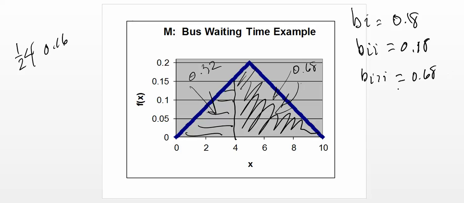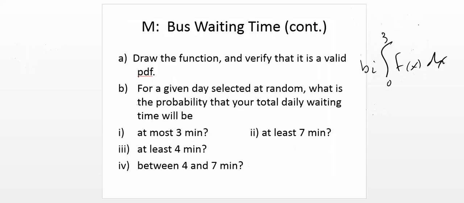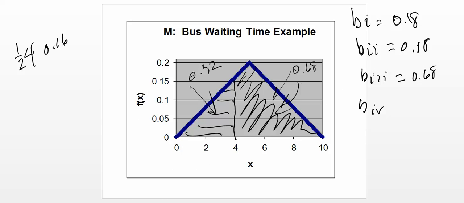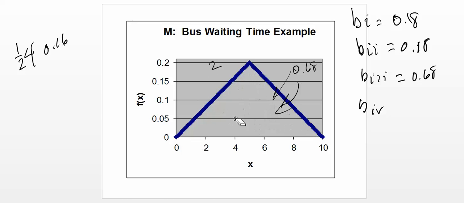And next we want B-IV, and let's just look at what that problem asks for. B-IV asks for the probability that it's between 4 and 7. So if we go back here, we want the probability that it's between 4 and 7. Let me clear some of this scribble off.